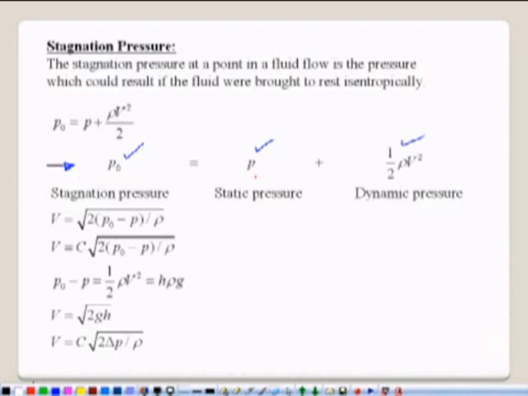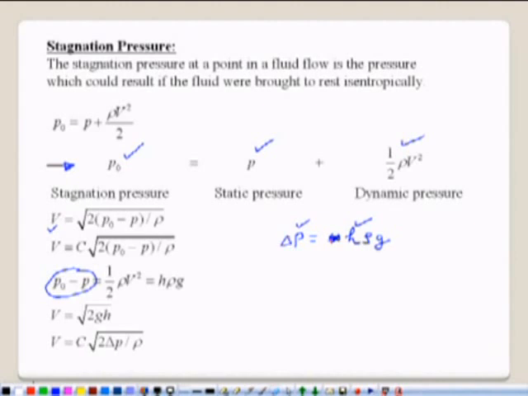Now if we solve this equation, then velocity may be written as root of 2 (P naught minus P) divided by rho, and what is P naught minus P? P is equal to W into H, because we have studied that pressure can be written in terms of the head of the fluid, right. W is the weight density, and this may be written as rho g.